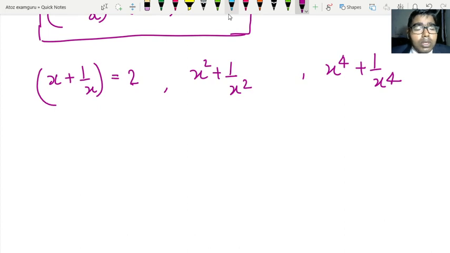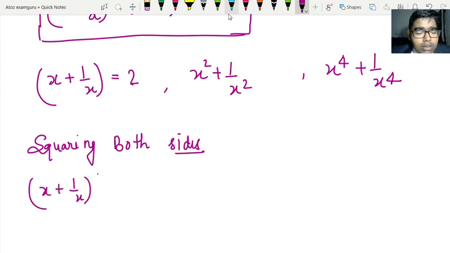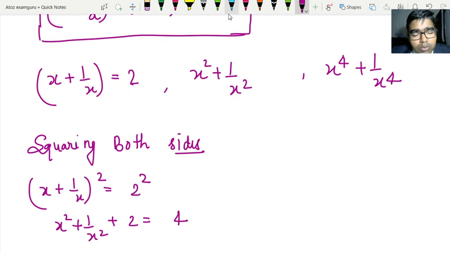Then what will we do? Squaring both sides, what we will get? We will get (x + 1/x)² = 2², right friends? This will give you x² + 1/x² + 2 = 4.